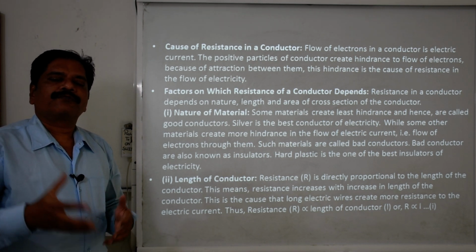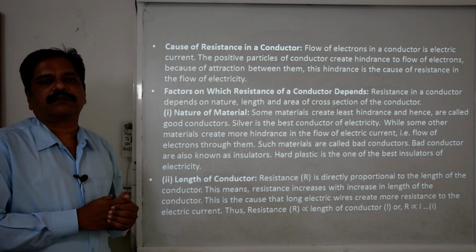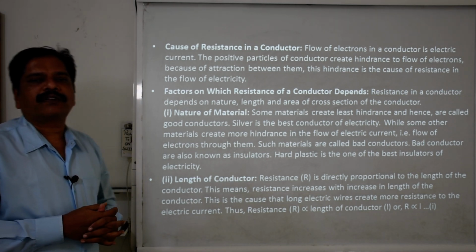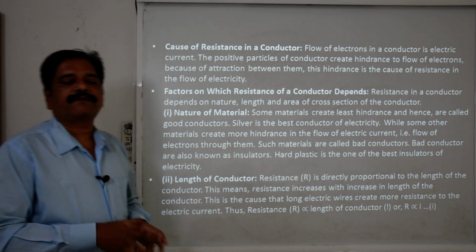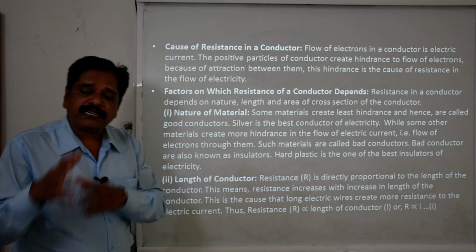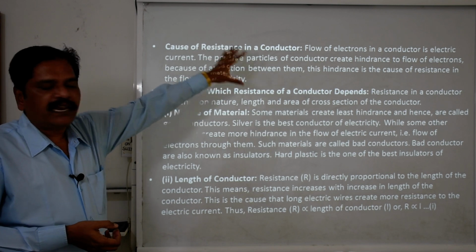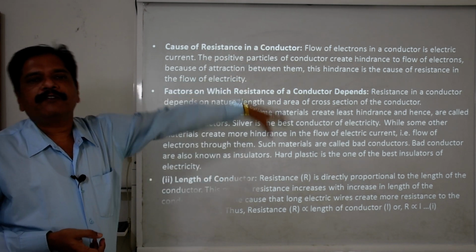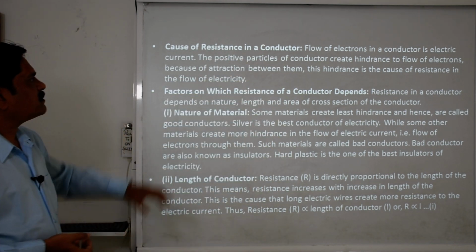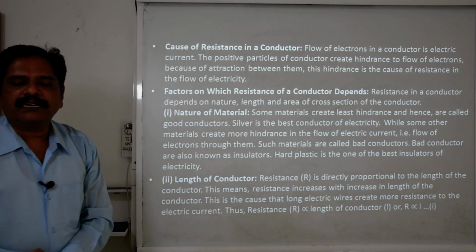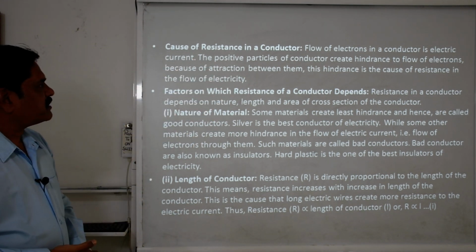So when this passes through the path, the protons, which are positively charged, because of their attraction force toward the negatively charged particles, create an obstacle for the free flow of these charges. That's the reason behind the development of resistance.